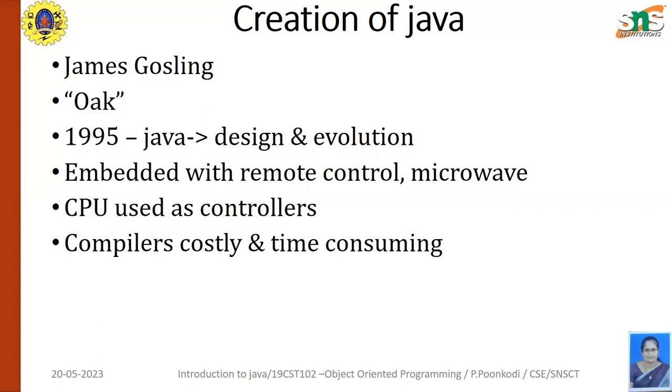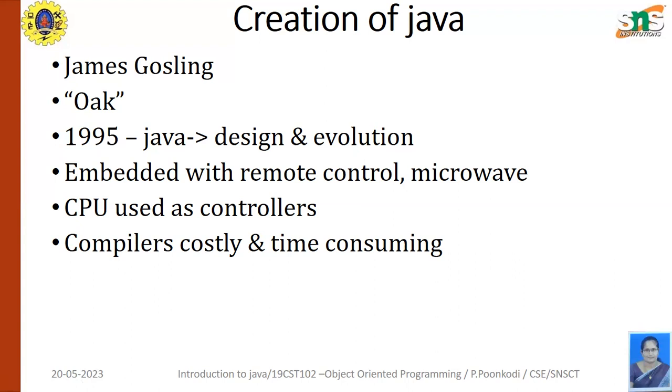Building a first sample program in Java took 18 months, but nowadays we do it within a fraction of a second. For that Hello World program itself, they took 18 months to complete the task. In 1995, it was named Java, and they proposed that this programming language be used for designing and evaluation purposes.